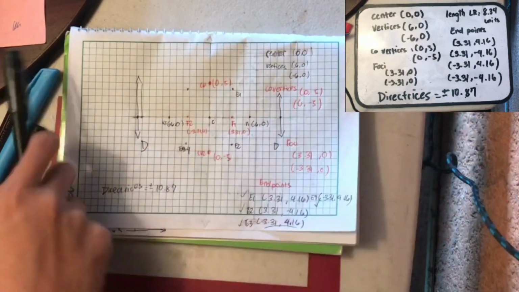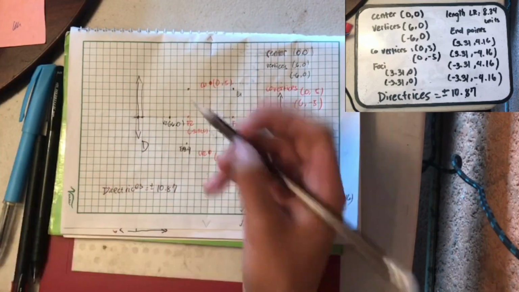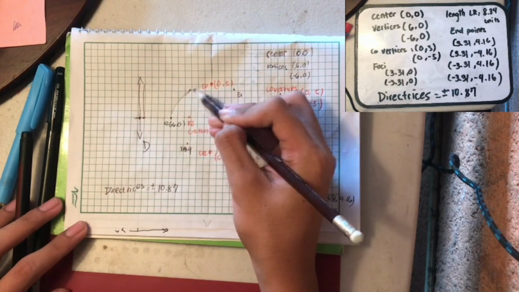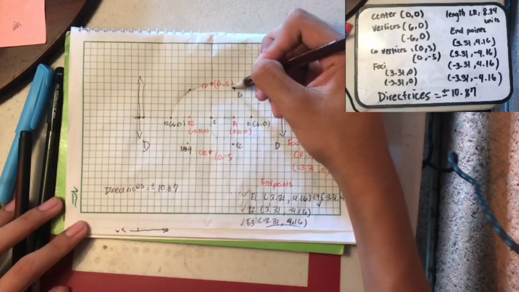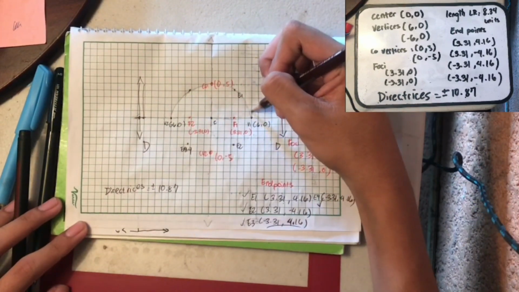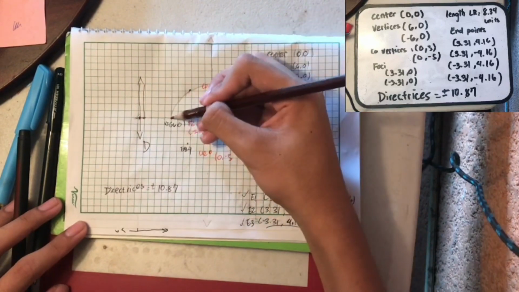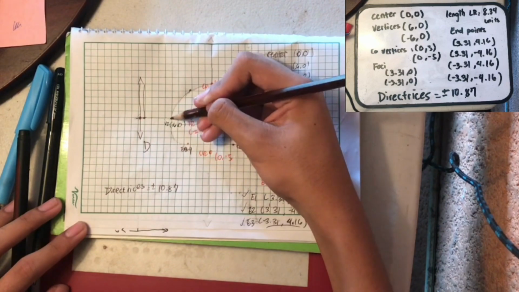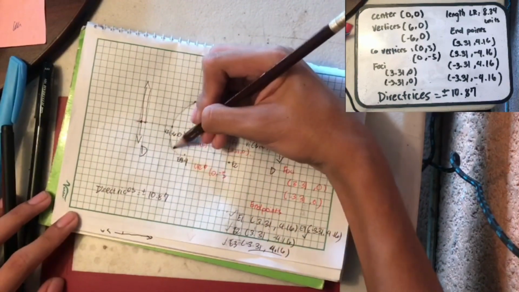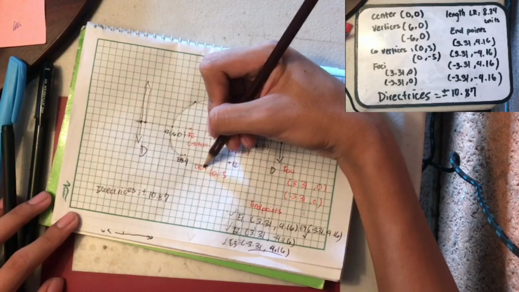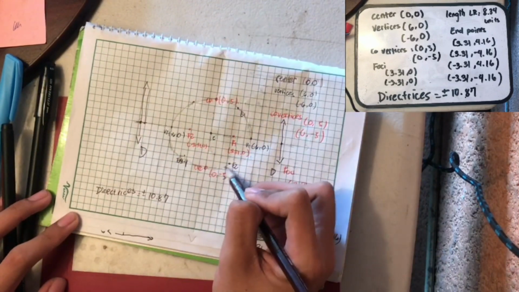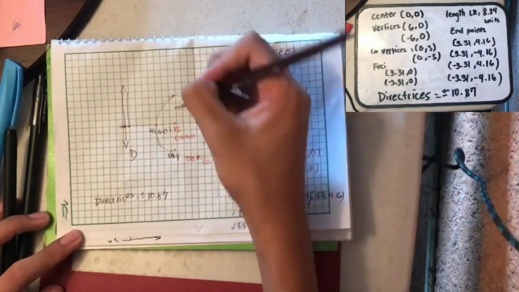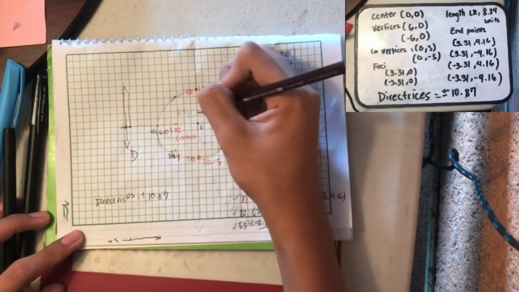Now that all is said and done, we can now graph the ellipse. We can now draw its roundness. And that's it for drawing the ellipse. Thank you.